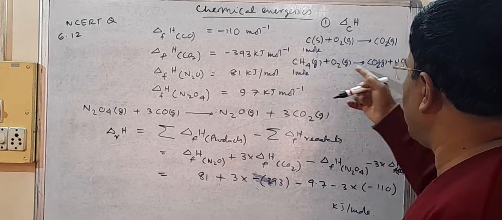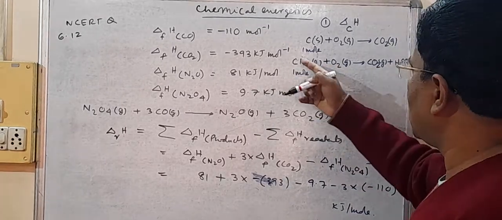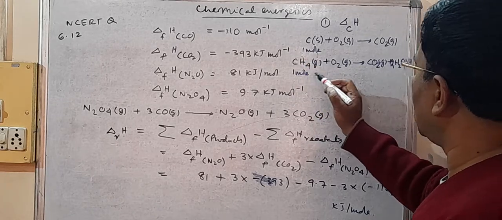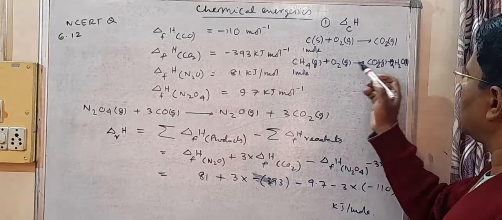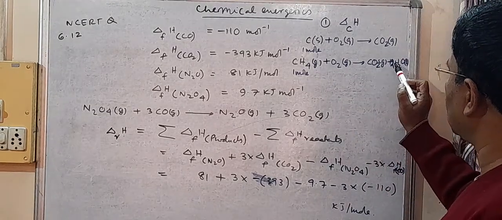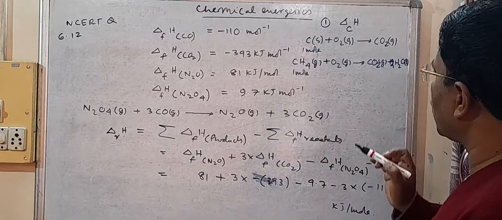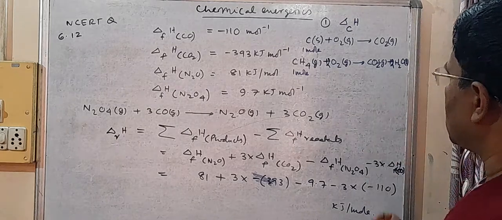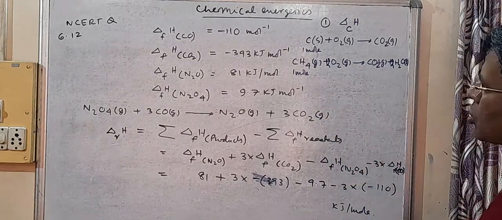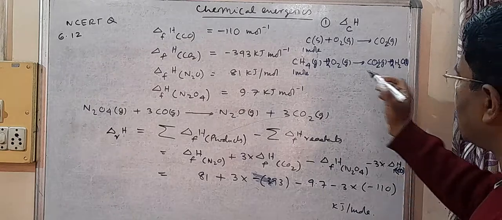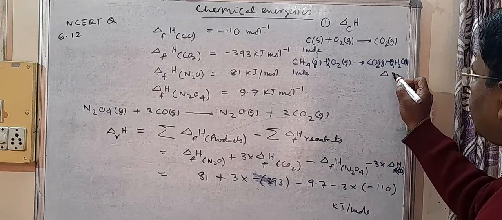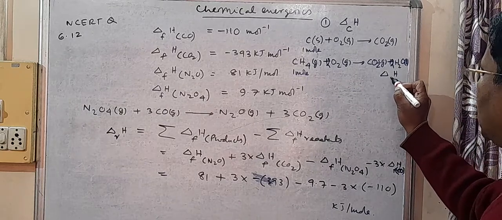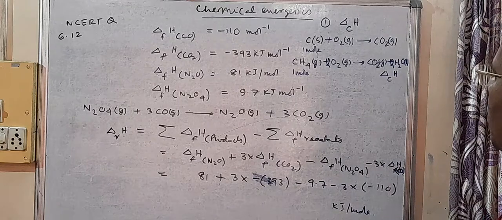Keeping this 1 mole, we have to balance this equation. Hydrogen is 4 here, so 2 times here, and on the right side we have oxygen 2 and 2, that is 4 oxygen. To keep it 4 oxygen, we have to put 2 here. So this is a balanced chemical equation for combustion of methane, and the enthalpy change that happens here is called enthalpy of combustion.